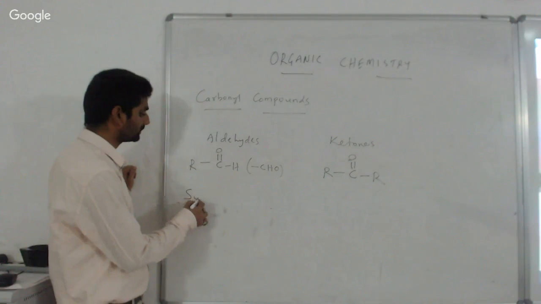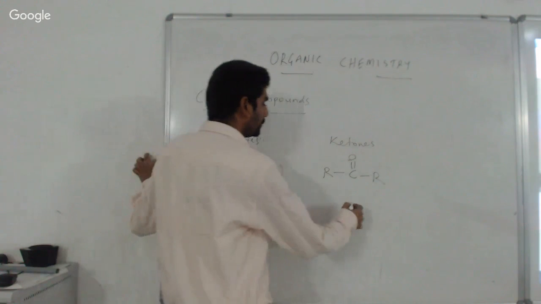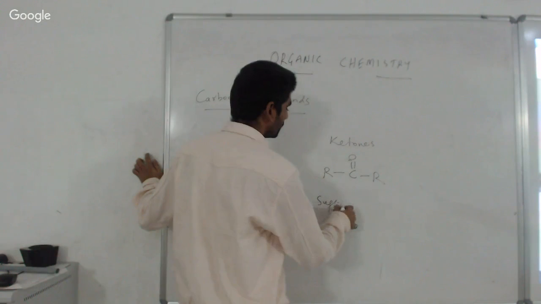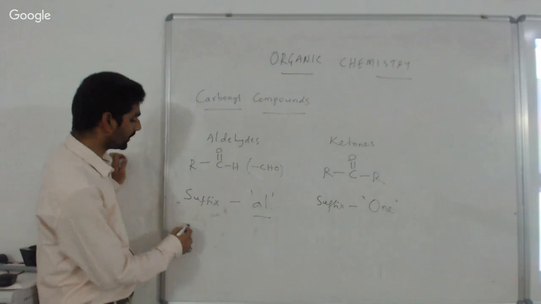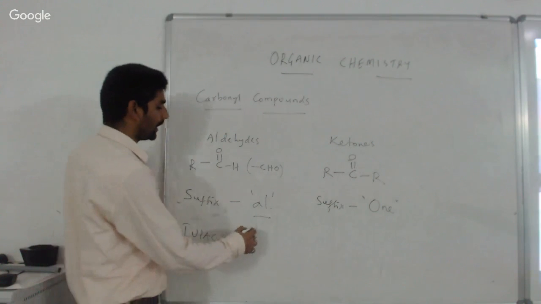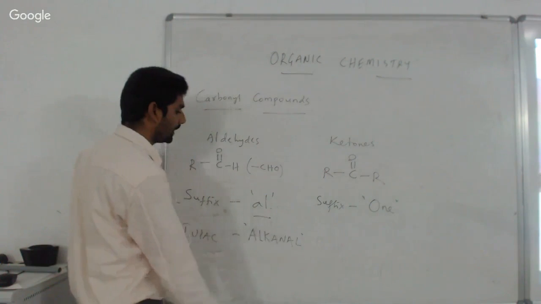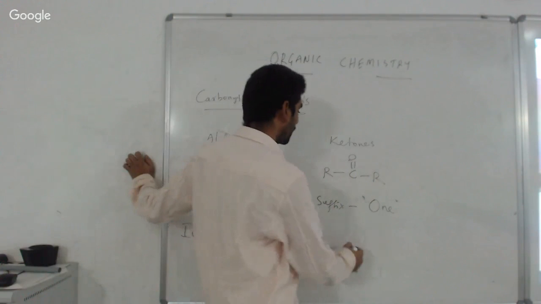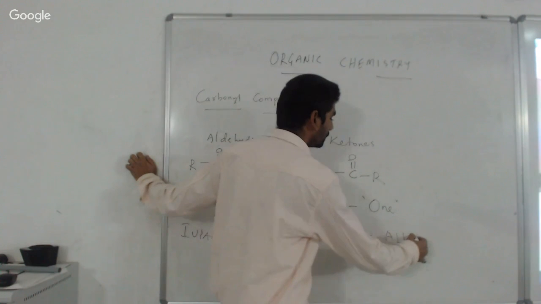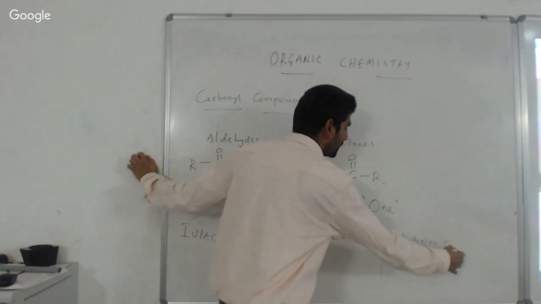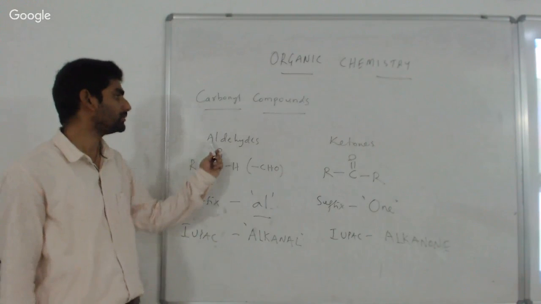The aldehyde suffix is al. The ketone suffix is one. So the IUPAC name for aldehydes is alkanal, and the IUPAC name of ketones is alkanone.